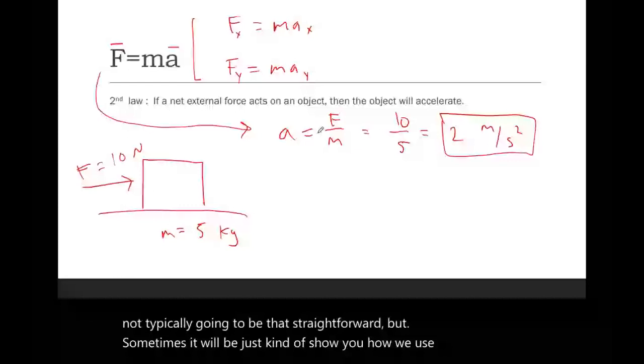All right, so next, moving on, the third law, which is one you may have heard in everyday life in all kinds of ways. The third law basically says every action has an equal and opposite reaction.